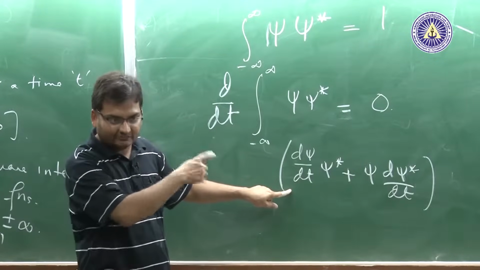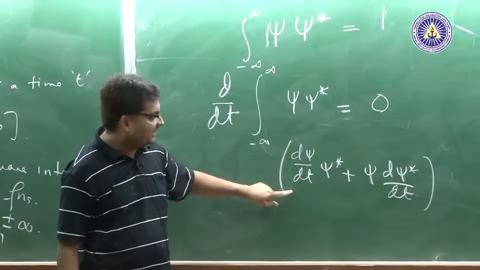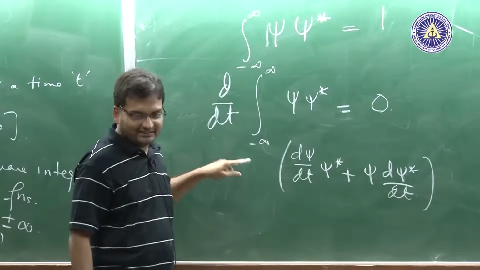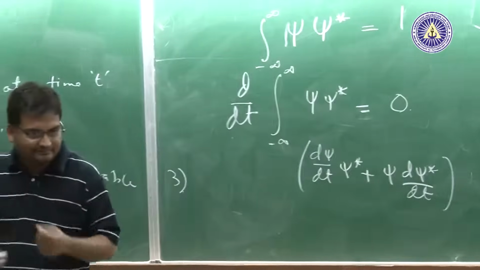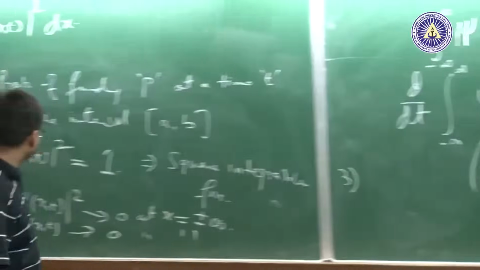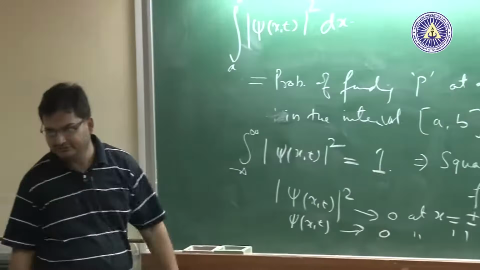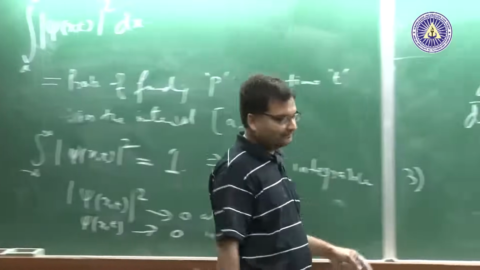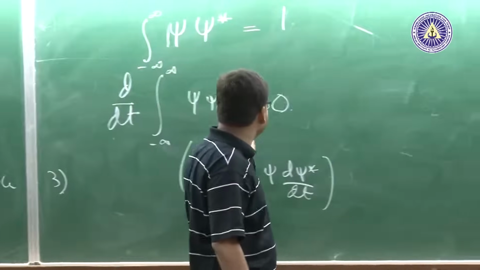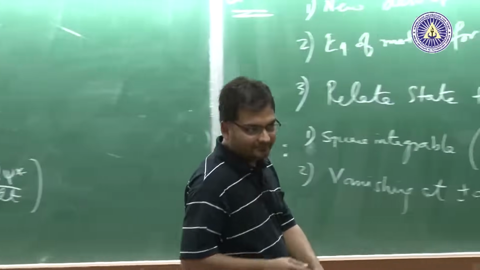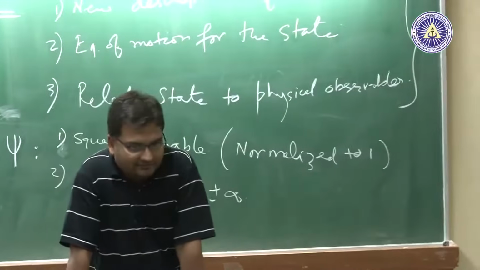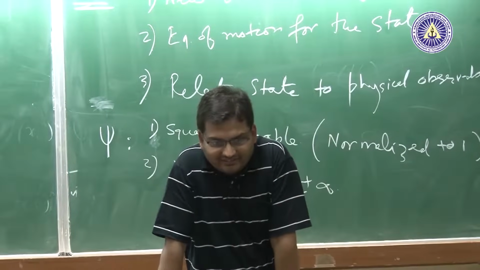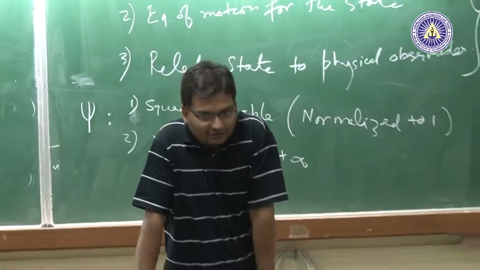I can replace it by the double derivative, and then maybe I am able to do some integrals, either directly or by parts, and use the condition that the wave function vanishes at the boundaries, for example. So you should be able to prove this. This is a homework to prove this, otherwise none of what we have said will make sense. The normalization condition cannot change with time.